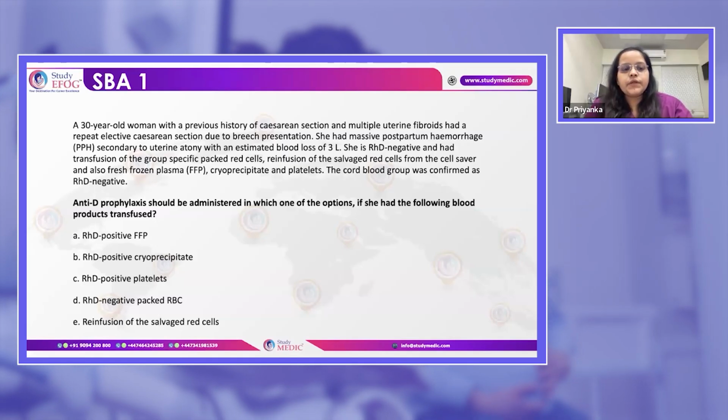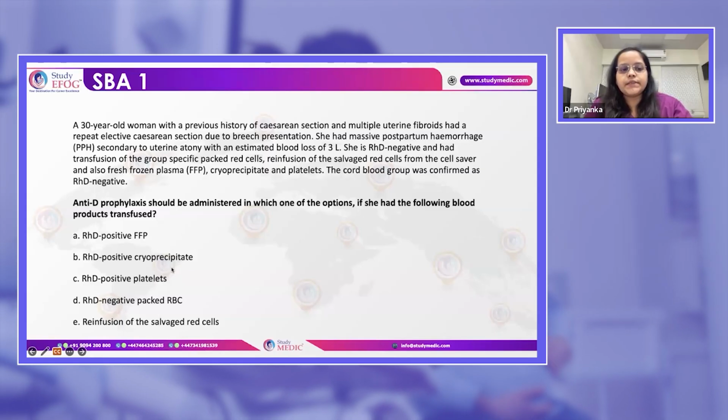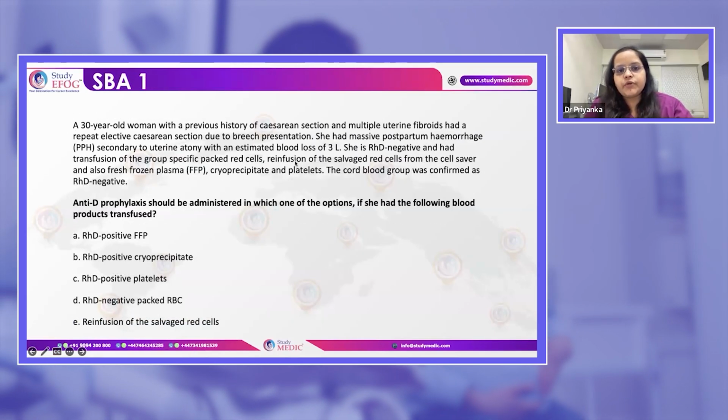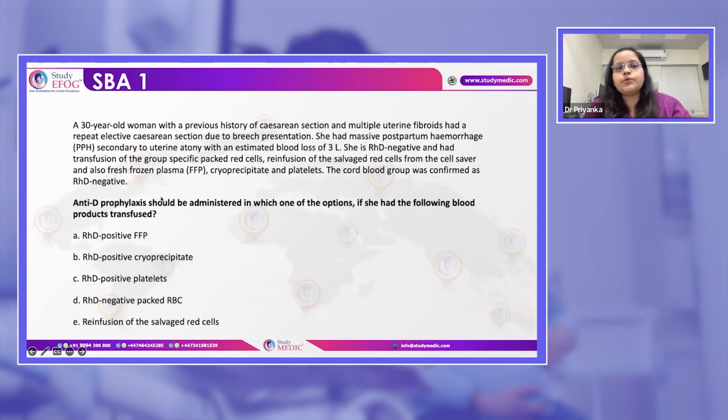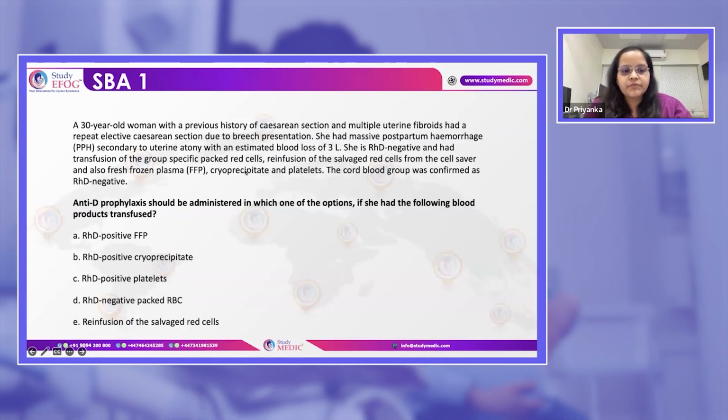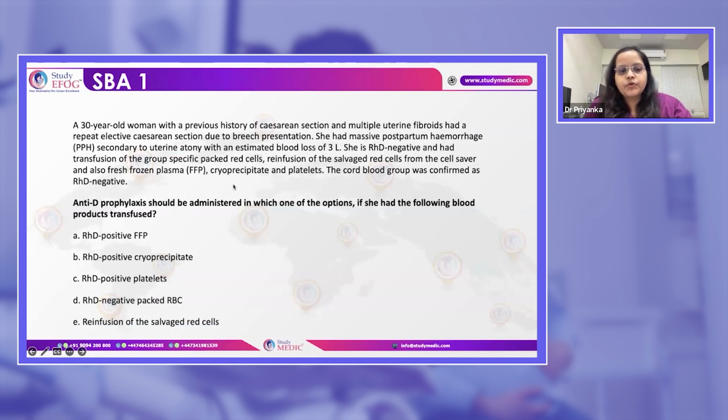So the answer is RHD positive platelets, that is C. Why is the answer C? In the scenario, she has already received group specific packed red cells, which are group specific, and there is reinfusion of the salvage red cells.